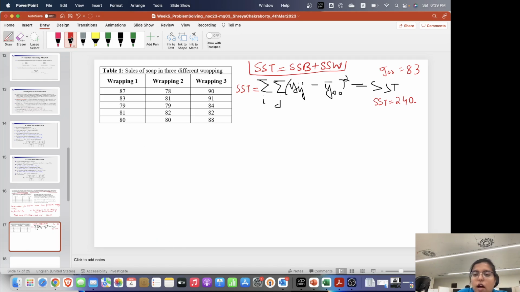Alright, so now SSB is what? This is yi naught bar minus y naught naught bar whole square. So this can be written as summation over i, since this is independent of j, and this could go till the number of individuals in each group.